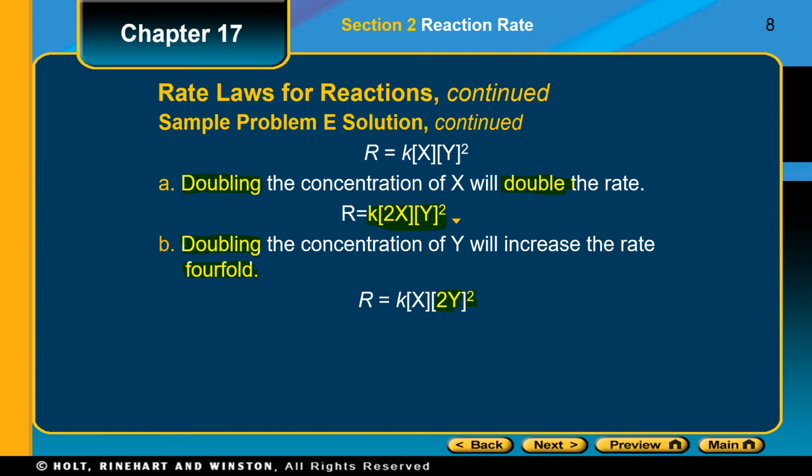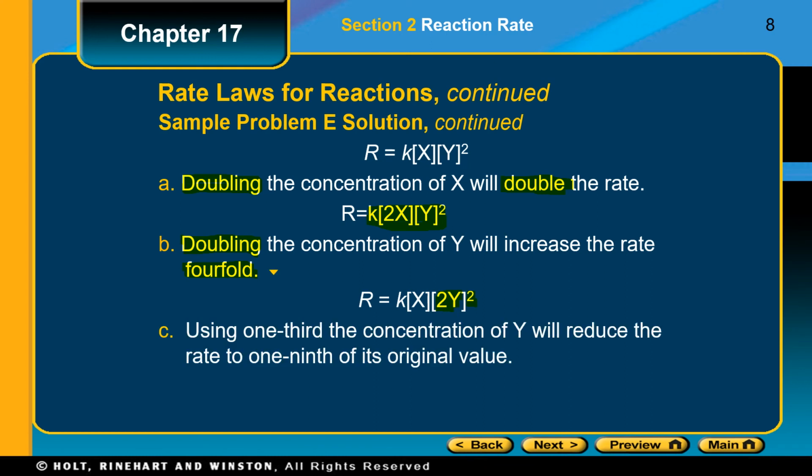Okay, now let's do the last one. In this one, we're going to change only Y, but we're going to make Y 1/3 as much as it was before. So we're going to put in here 1/3 Y. Or if you like it in math, that's Y over 3. But 1/3 Y would probably work better in this situation.